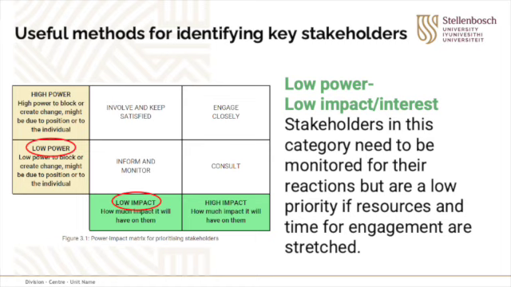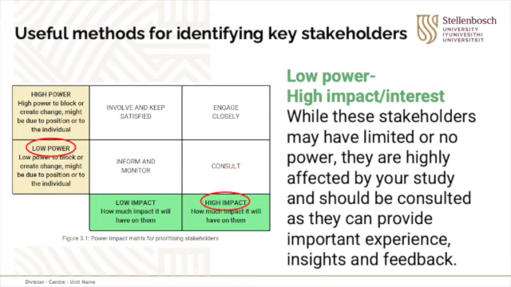They need to be monitored for their reactions, but they're a low priority if you don't have much time or many resources, and you're stretched in this aspect of your research. And then you've got your low power and high impact. These stakeholders might have no power, but they could be very highly impacted by your study. So they should be consulted because they can provide both important experience and insights as well as feedback on your study.